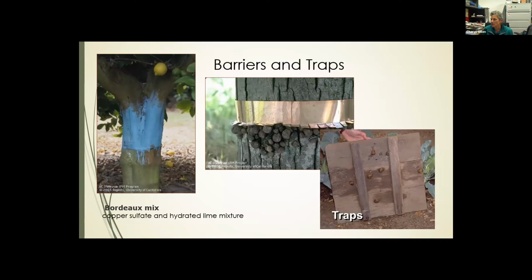And then we have actually found that you can trap them out. You can really reduce the population by using traps, whether using a wood board or something else that's attractive to them. If you do that on a regular basis, you can really reduce the population. But by a regular basis, I mean you really have to do it on a daily basis.